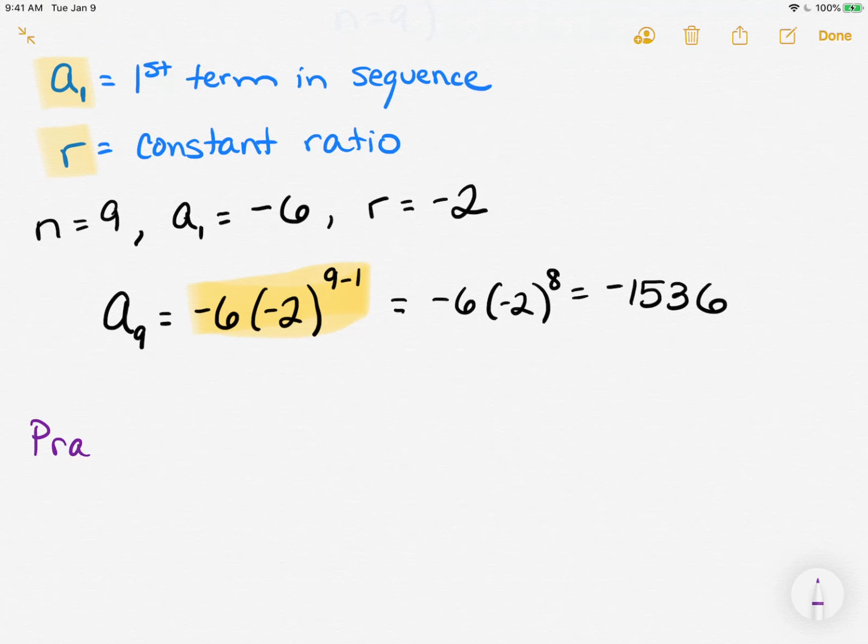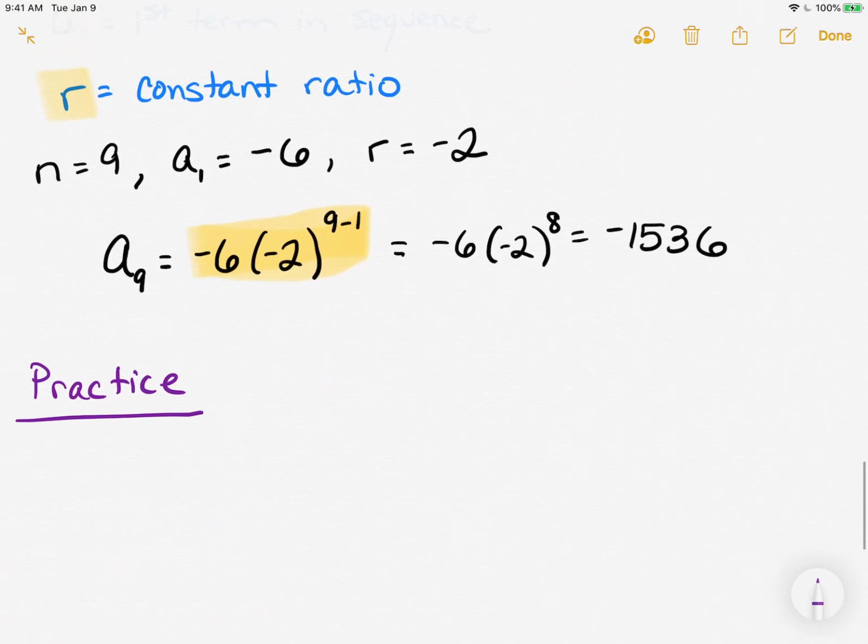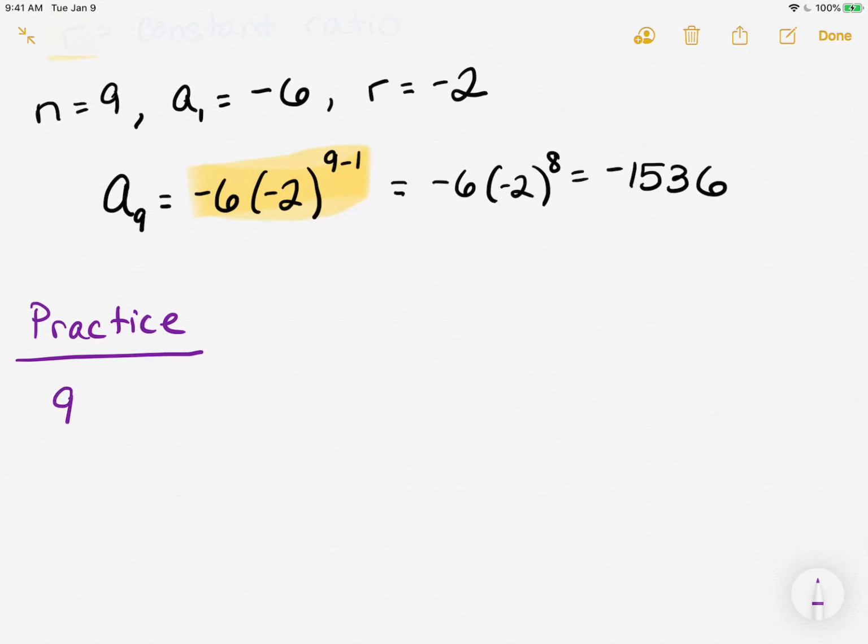Okay, last problem that we're going to do. I want you to practice this one on your own. I want you to write an equation for this sequence. Let's find the 10th term.